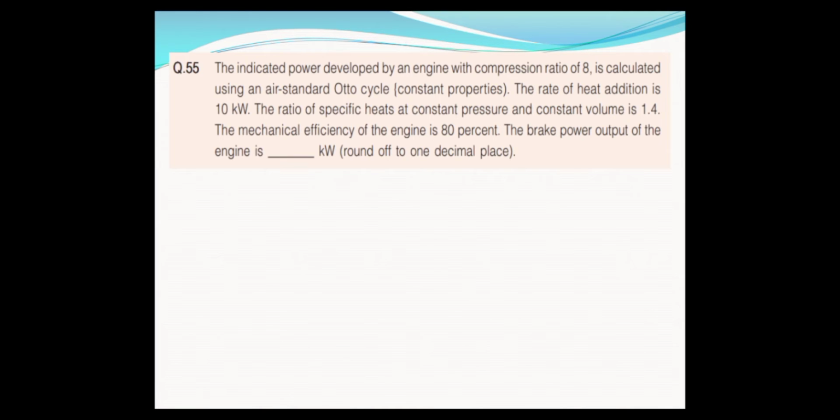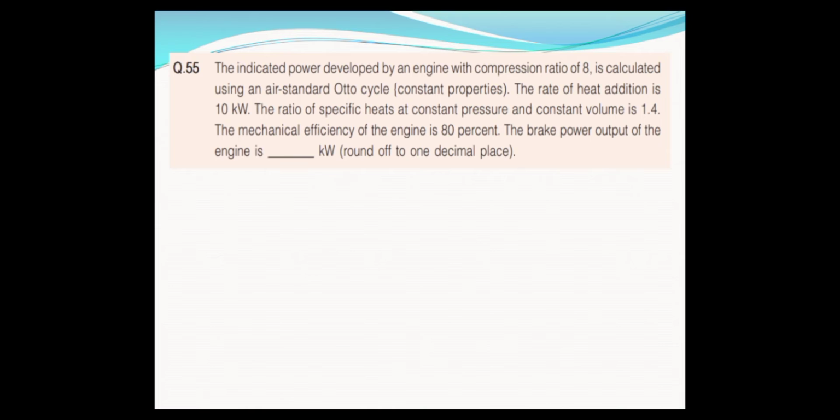So this is based on Otto cycle. A small auto engine is working with compression ratio 8 and it is absorbing heat from the spark plug, that is 10 kilowatts. After burning fuel, it is liberating 10 kilowatts.